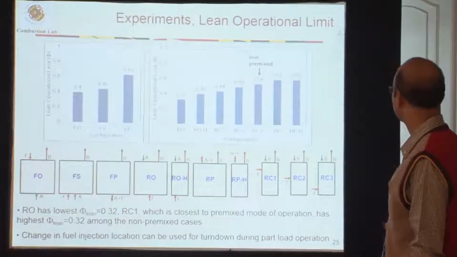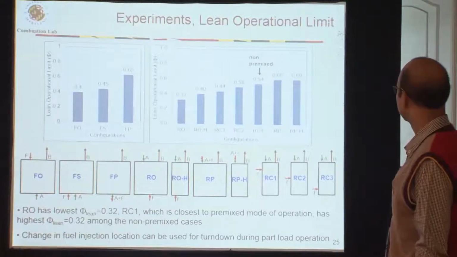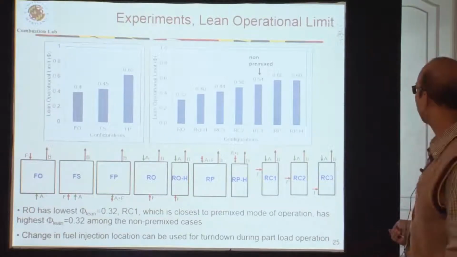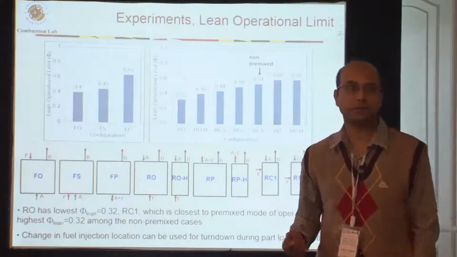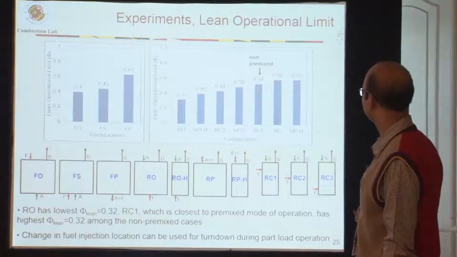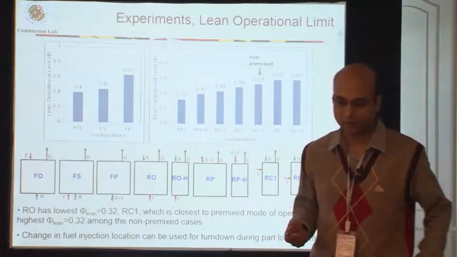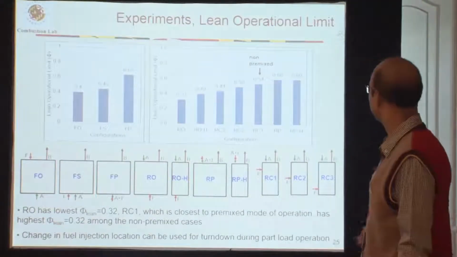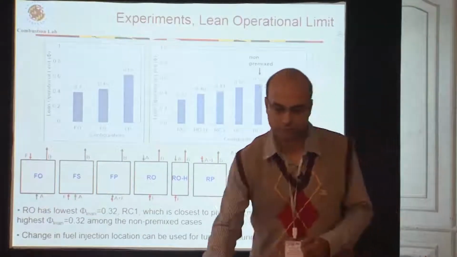In premixed mode, for example, for this reverse flow configuration, the blow-off limit is an equivalence ratio of 0.6, and our configuration RC1, which resulted in the best NO and CO emissions, had a lean blow-off limit also closer to premixed mode. So actually this configuration is operating very close to premixed mode. So that's why we also have to accept the penalty of having higher blow-off limits.